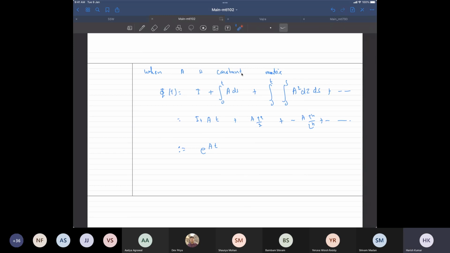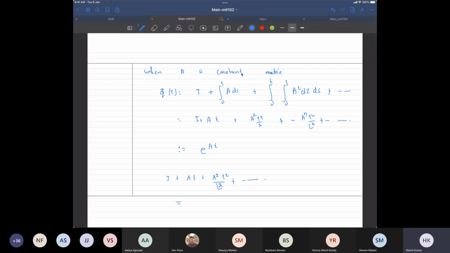Now, it's very easy to do if you know the ODE. And how to do that? Let us note the series I plus At plus A squared t squared by 2 factorial plus so on and so forth.